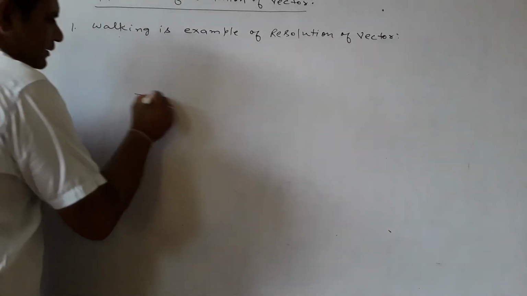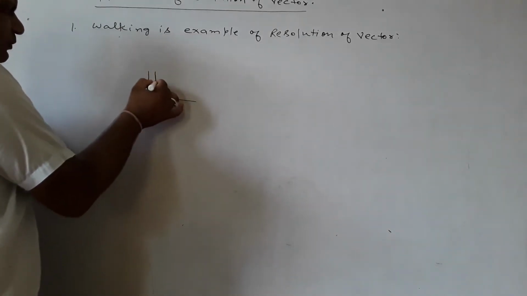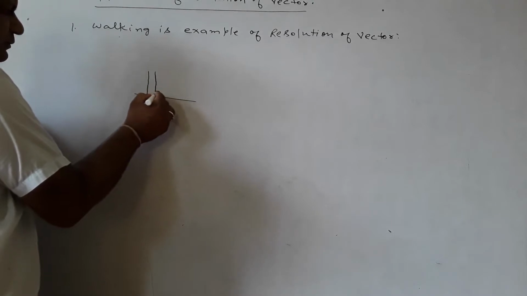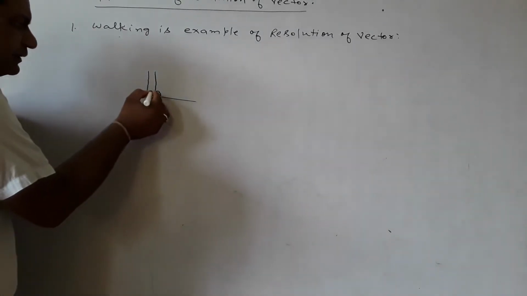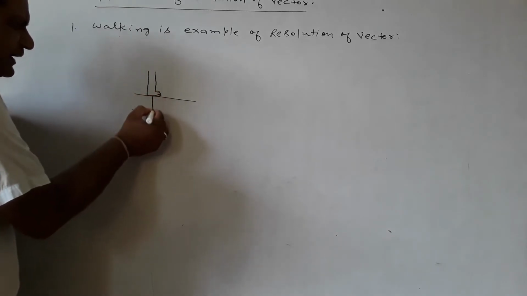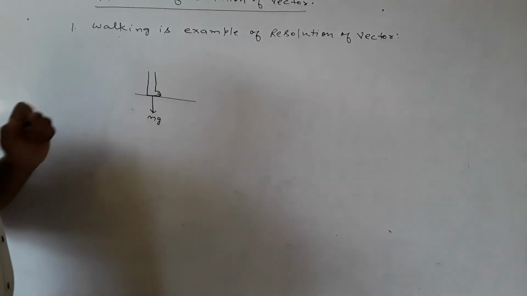Now, suppose a person is moving on the ground, then the weight of the person is acting downward. Mg is the weight of the person.